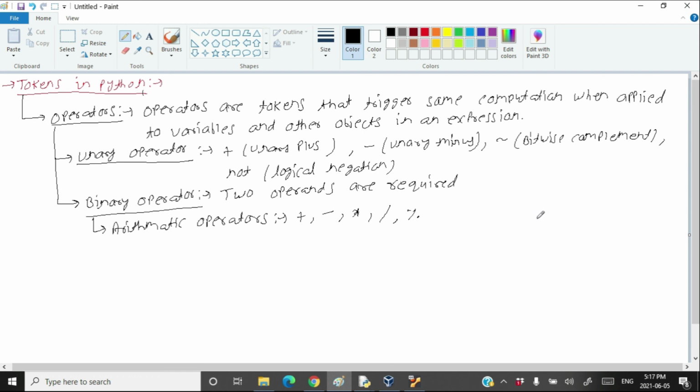Percentage means remainder. If you divide 8 by 3, then 3 goes 2 times and the remainder is 2. So when you do 8 % 3, the answer will be 2. Percentage means remainder, and division means quotient.